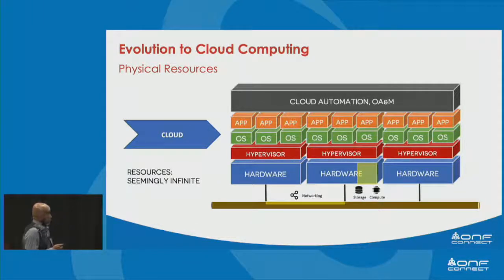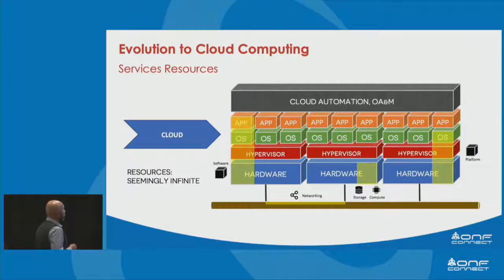But there are also other resources, right? We could talk about service resources. So there's a platform that we can actually compose and provide as a resource. Or there is software that we can compose and provide as a resource. And each of these resources, I can elastically and scalably concatenate and monetize.